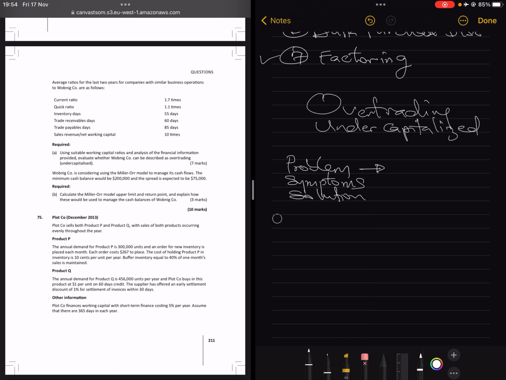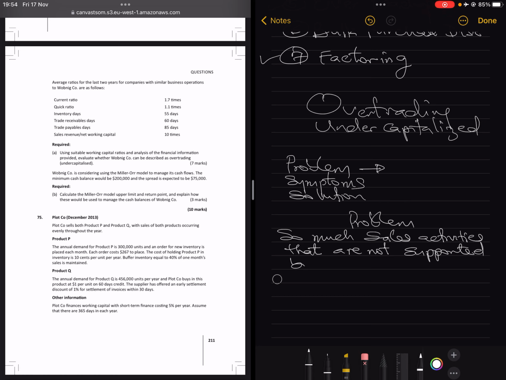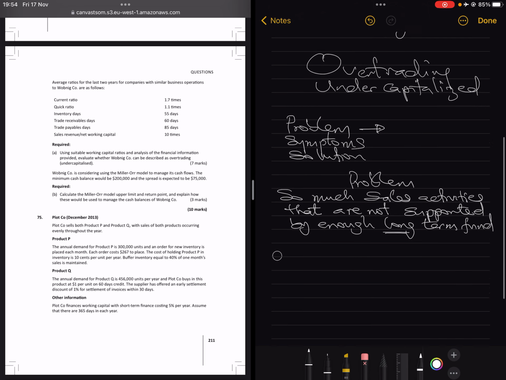And we said the problem is we have a company that has so much sales activities that are not supported by enough very important long-term fund. That is the problem.